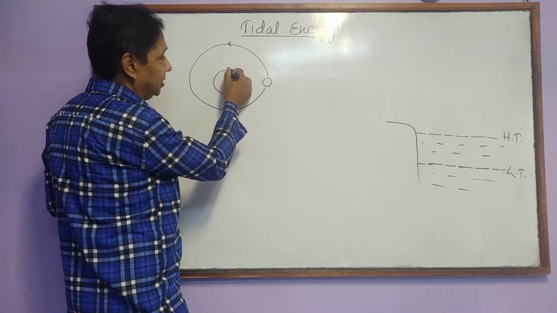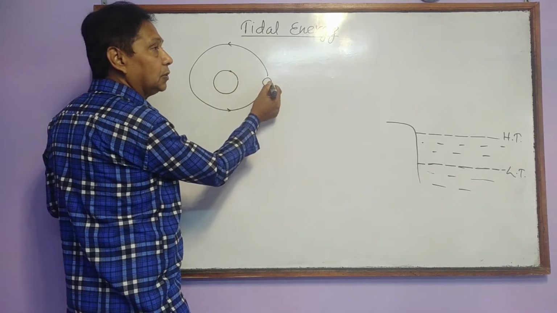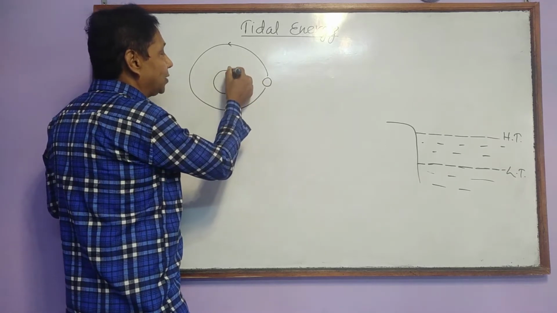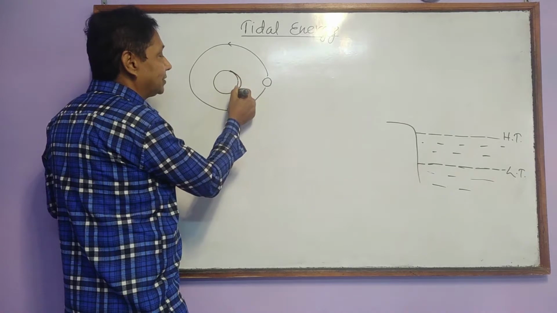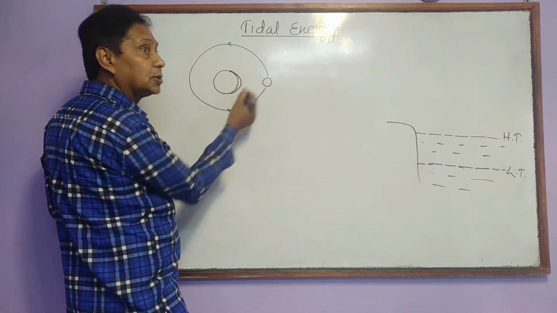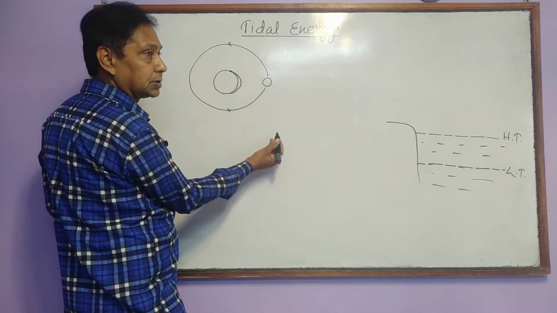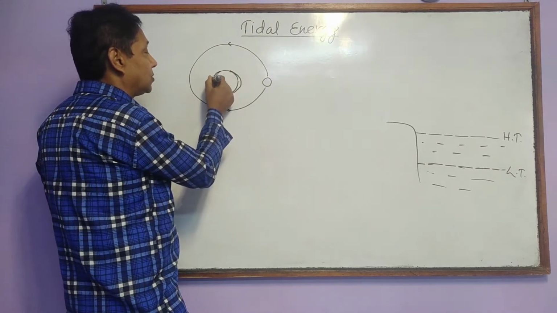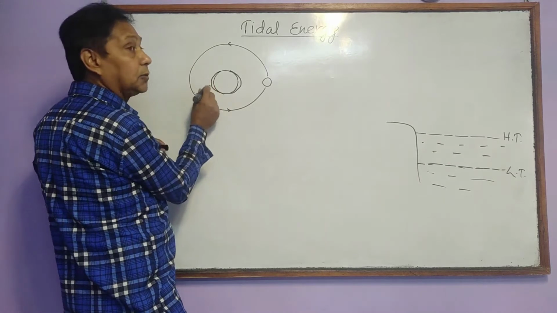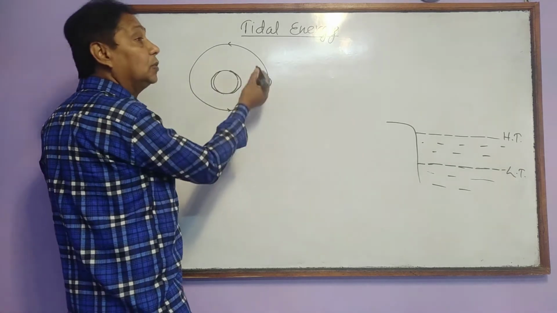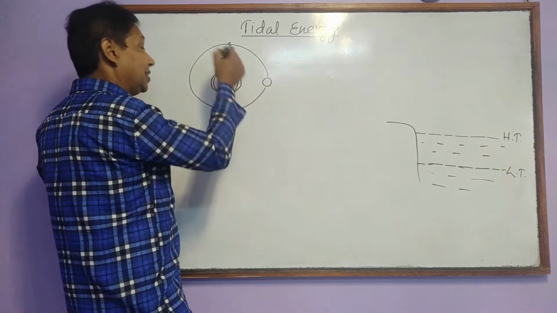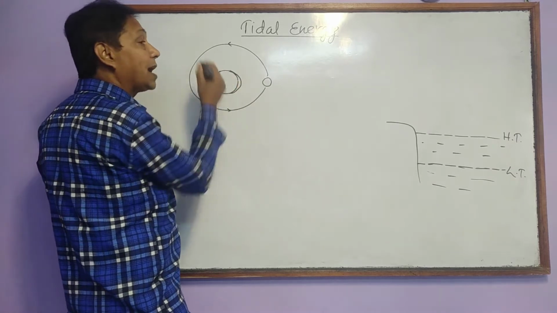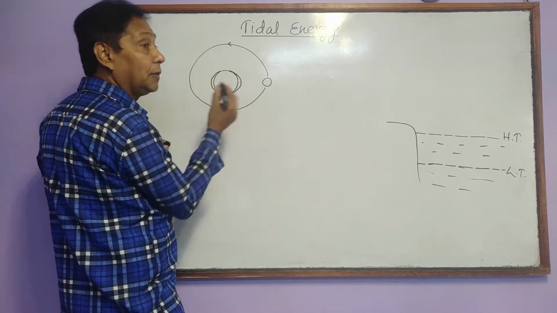This side is facing the moon, and the sea and ocean of this side, the water level rises towards the moon because of the moon's gravitational force. At the same time, the level of water rises on the opposite side also. The sea and ocean of the opposite side, which is not facing the moon, in this side also level of water rises, and this is the condition of high tide.